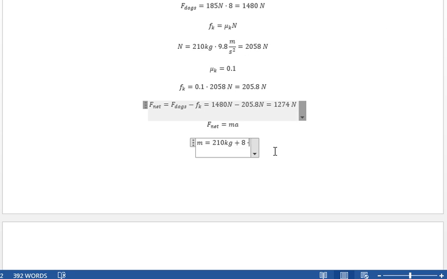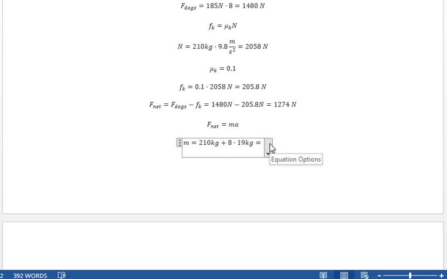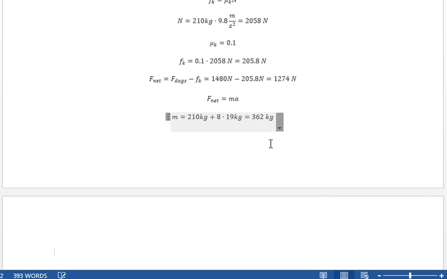Each dog is 19 kilos. So 210 plus 8 times 19 is 362 kilos.